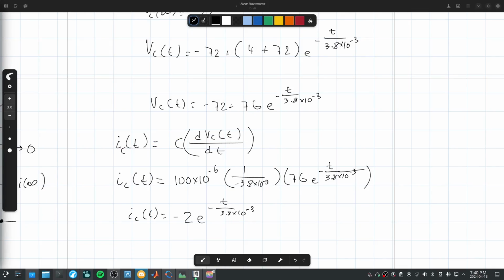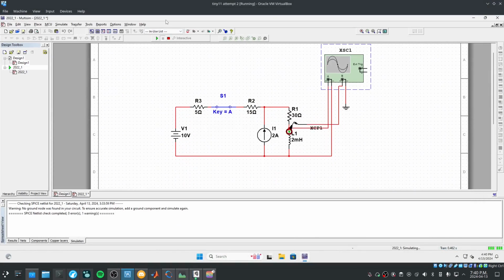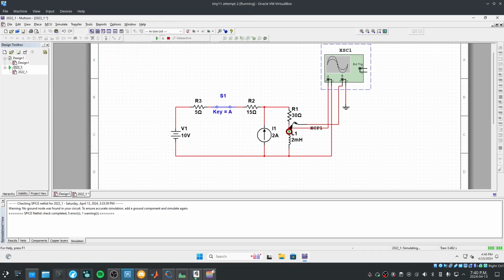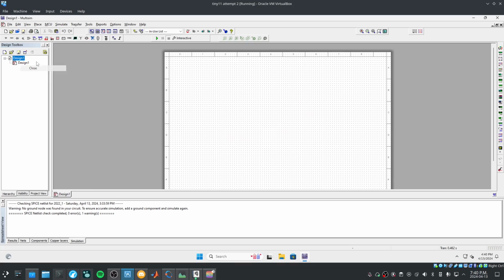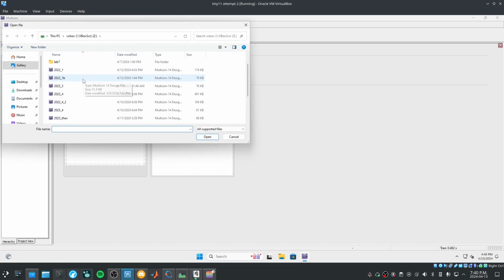Verified with Multisim. I know that because I did verify, but I can show you it. Let's go open this up. Let me just close this. Open. 2022 1B.